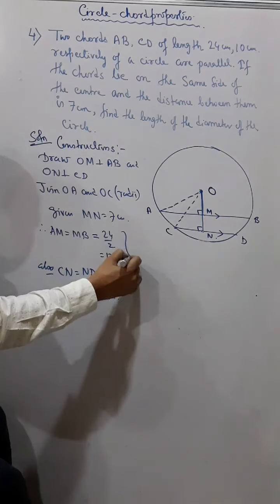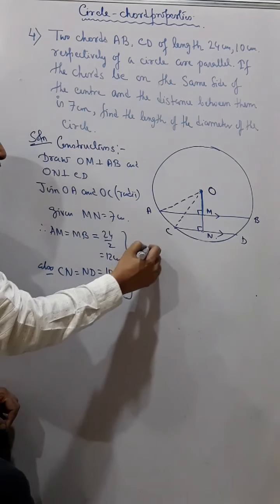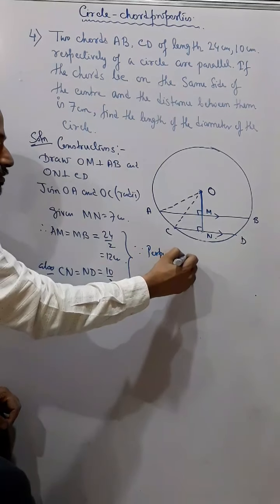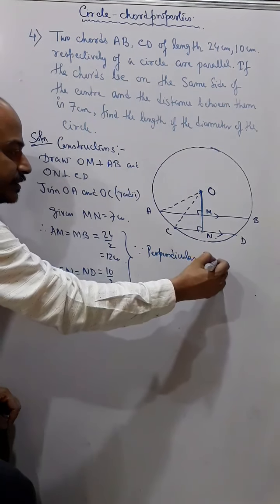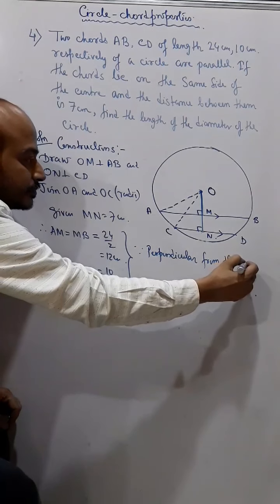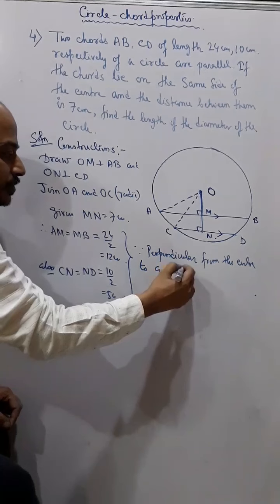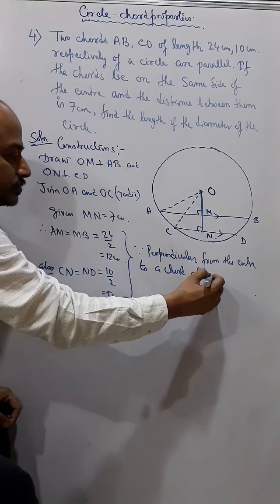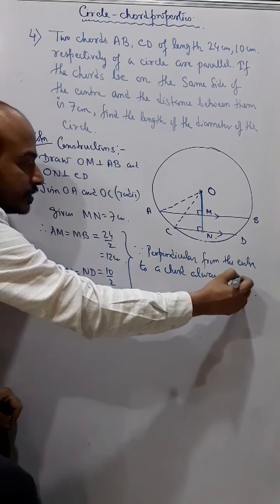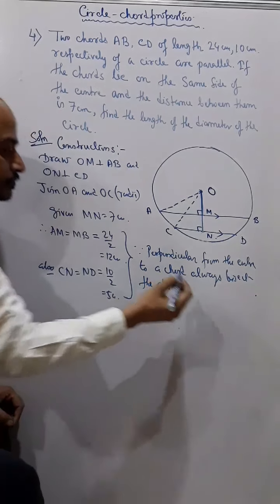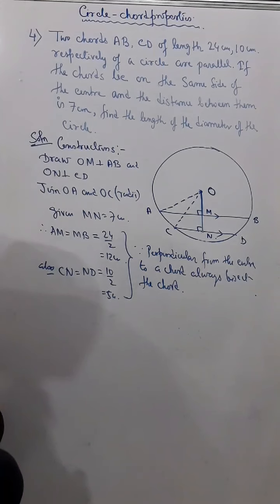So here the reason, since a perpendicular from the center to a chord always bisects the chord. Okay, always bisects the chord.